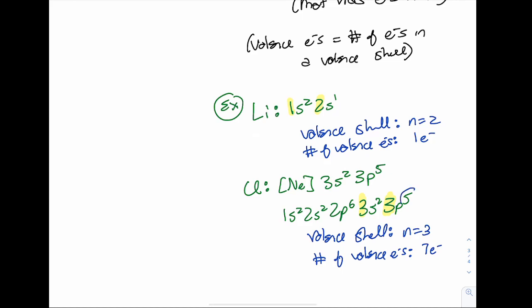So I have 5 here, that's in the third shell. I have 2 here, that's still in the third shell. So that gives me 7 valence electrons total. We talked about inner shell electrons in the last chapter. These all here that I just put the pink bracket around, these would all be inner shell electrons.